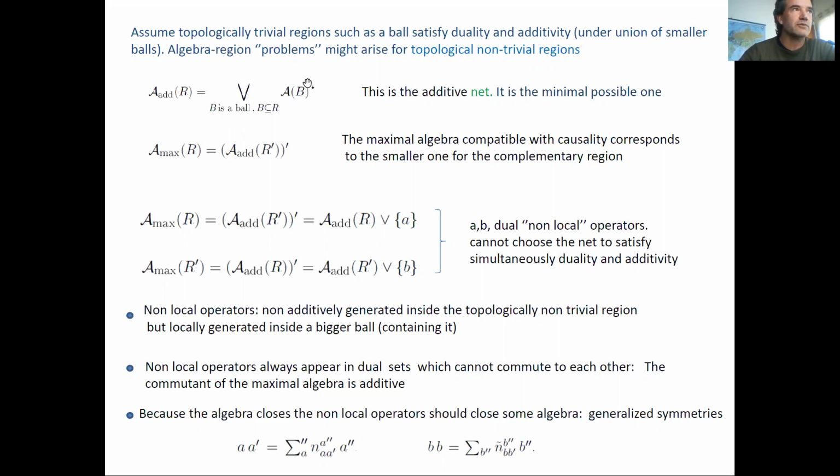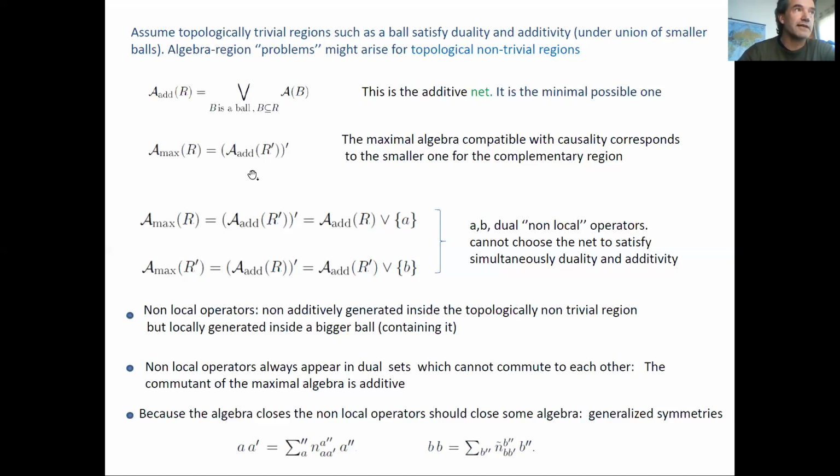In fact, with this you can assign algebras to all regions of space-time, and this is the minimal possible assignment of an algebra to a region, because as the balls are contained in R, their algebras have to be contained in the algebra of R.